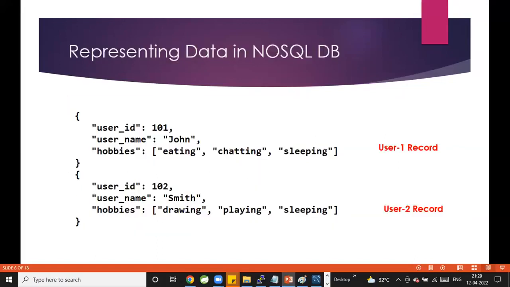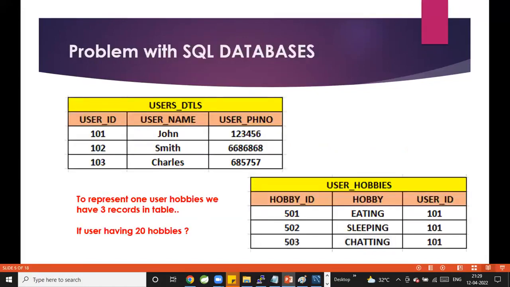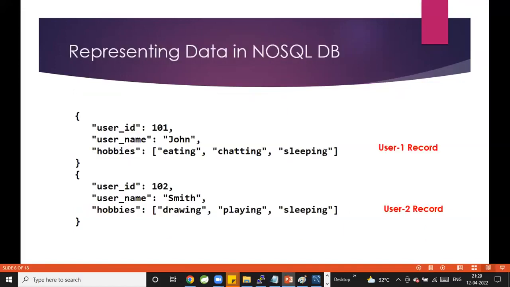How many queries are required to insert the data if I go for NoSQL? 3. If I go for SQL? 63. 3 users should be stored into the user table. 3 users, 20 hobbies should be stored into the hobbies table. 3 plus 60. How many queries should execute in the SQL database? 63 queries. If I go for NoSQL database?